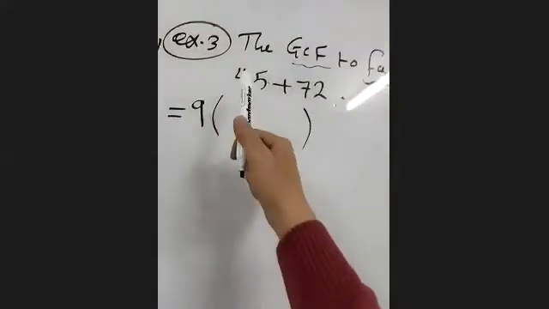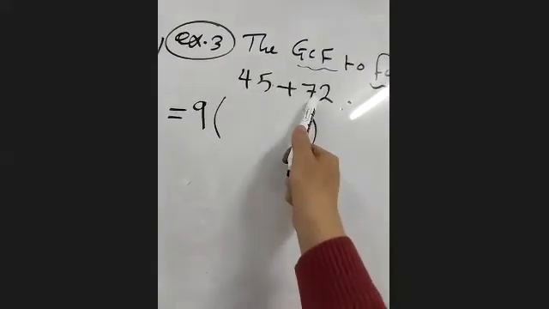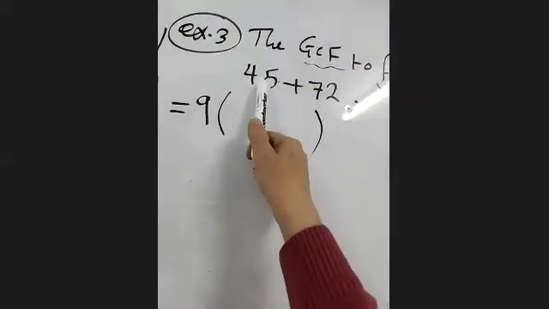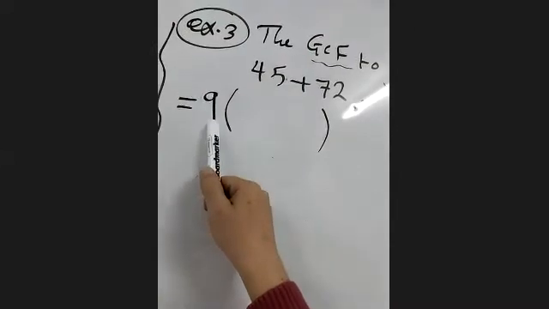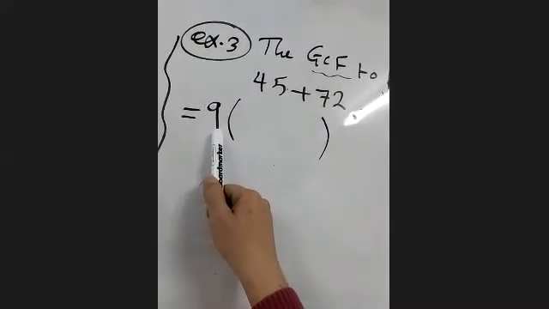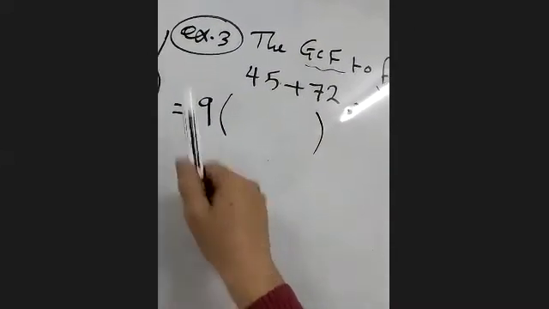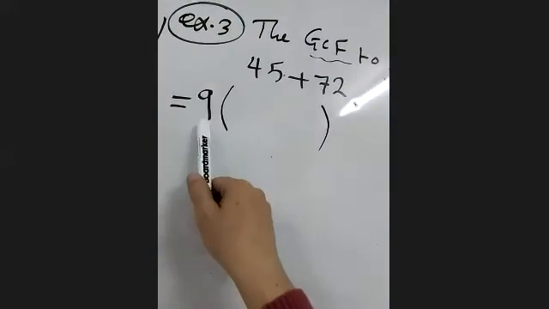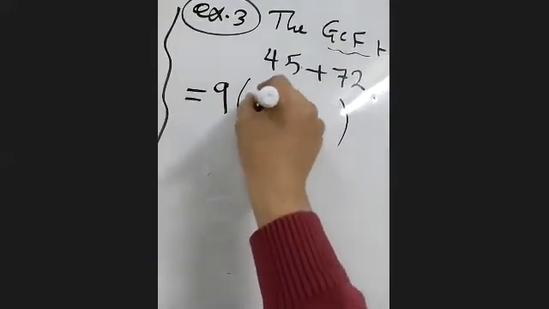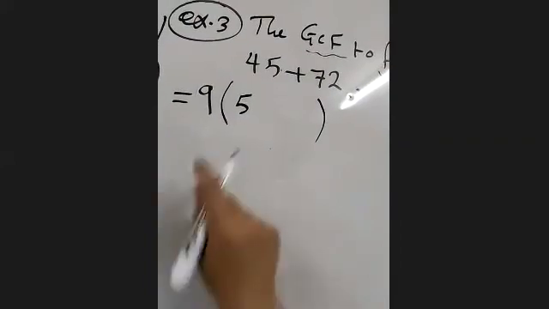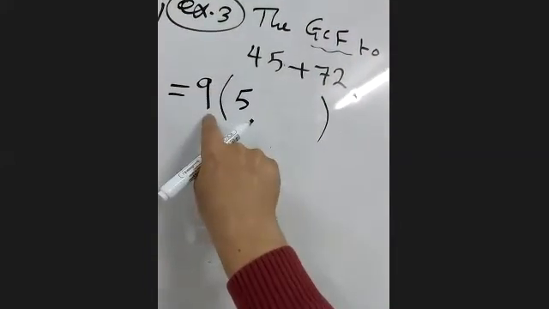Now I will divide each number by the greatest common factor. 45 divided by 9. Are you with me, Rayyan? 45 divided by 9 is 5.